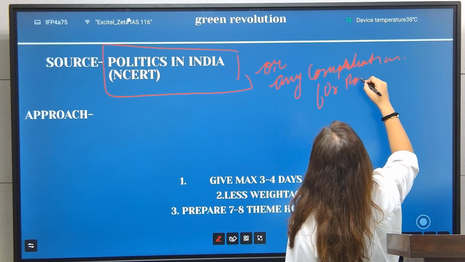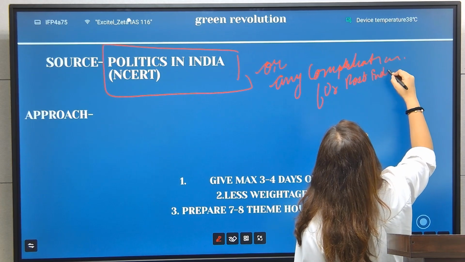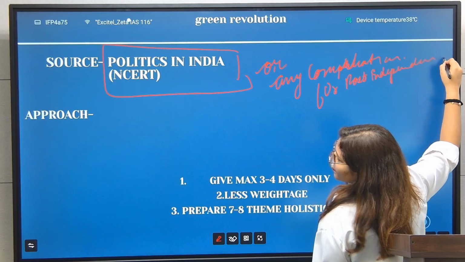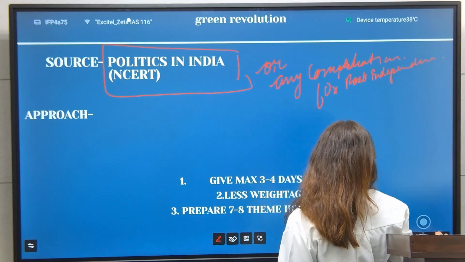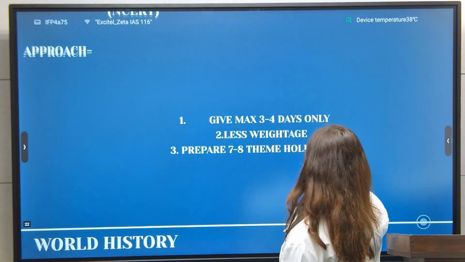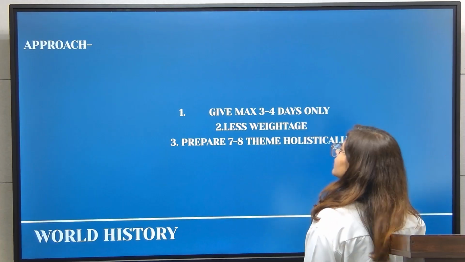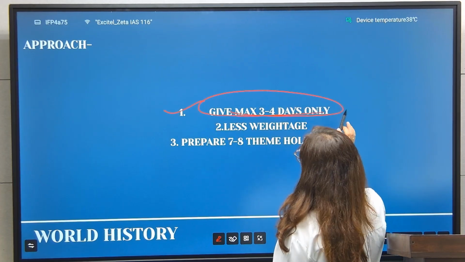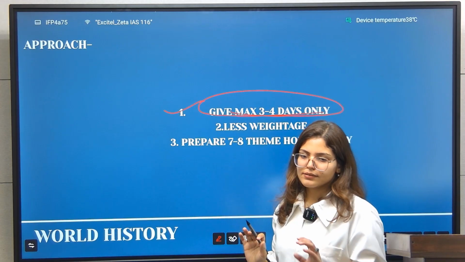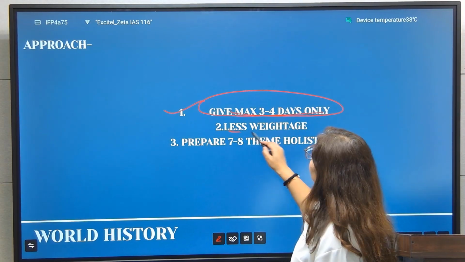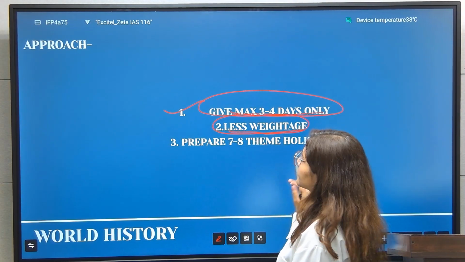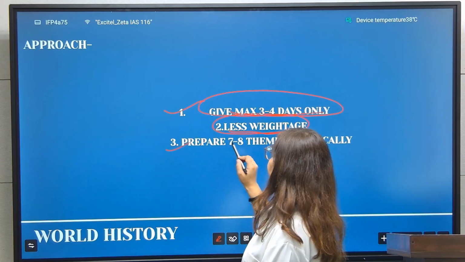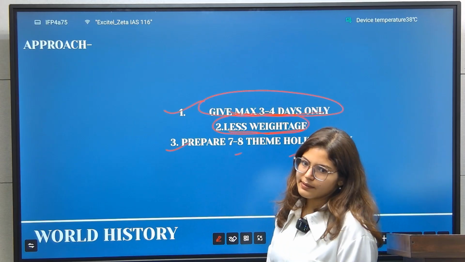So what's the approach? Give maximum 3-4 days only, not more than 3-4 days. Less weightage, you all know that post-independence has very less weightage, and prepare these 7-8 themes holistically.